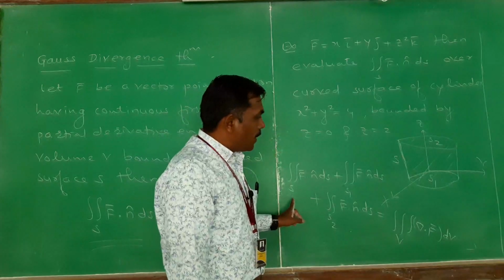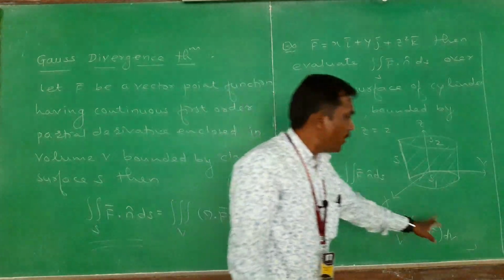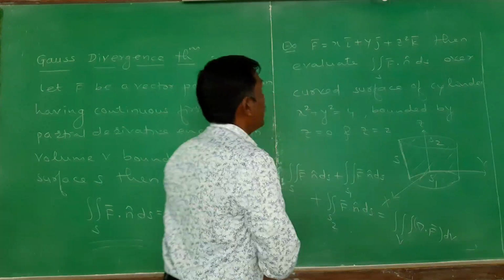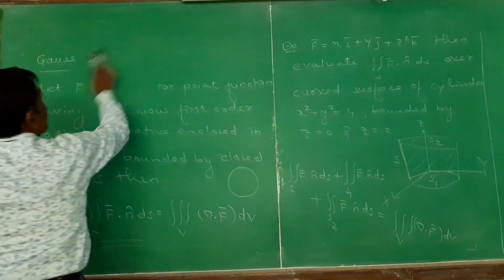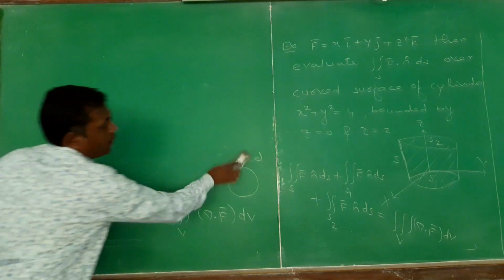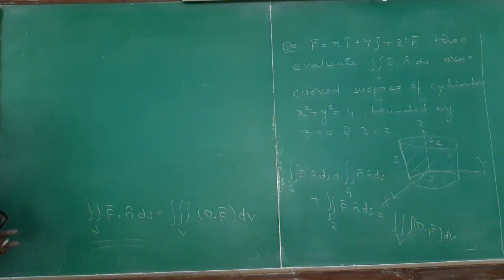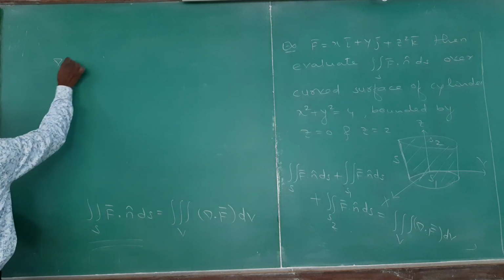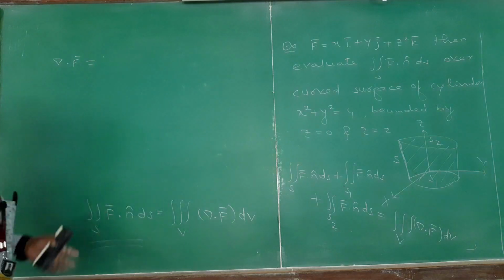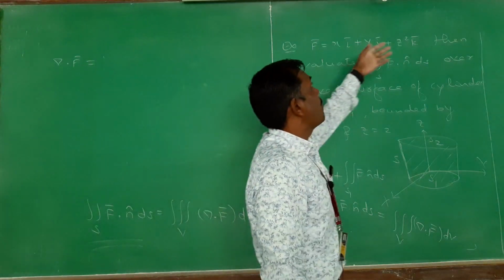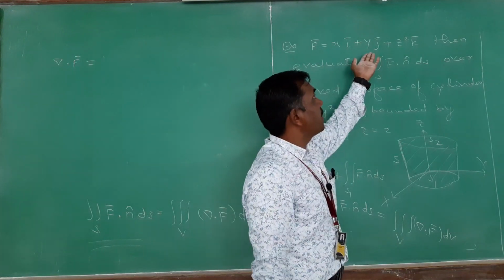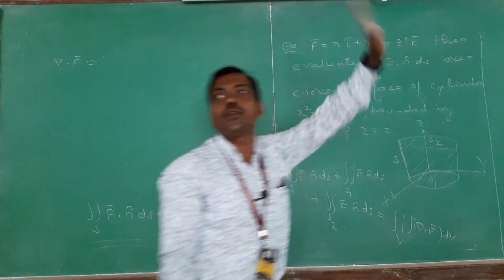Okay. Let us evaluate it. First we will solve the RHS, del dot f bar. So what is our f bar here? F bar is given as xi bar plus yj bar plus z square k bar. Let us find the value of del dot f bar. Del dot f bar means component wise derivative: derivative of the first term with respect to x, second term with respect to y, third term with respect to z.